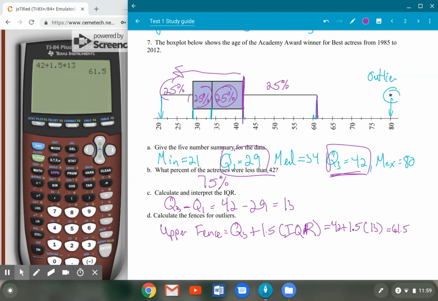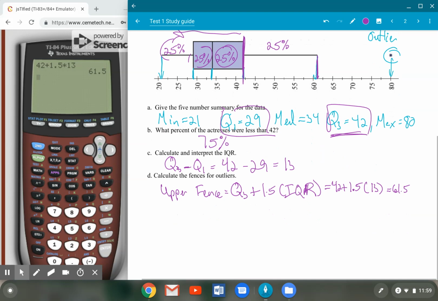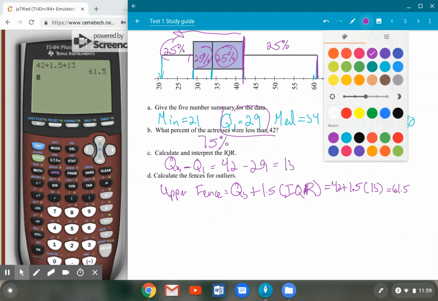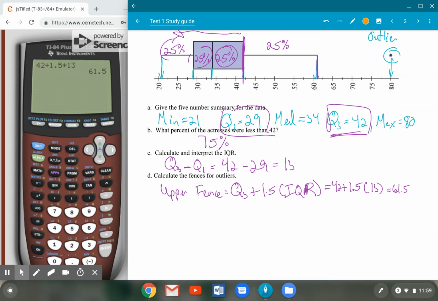that fence. There are no lower outliers, no stars down there, and we can see the reason why would be if we do calculate that lower fence, it is Q1 minus 1.5 times the IQR.